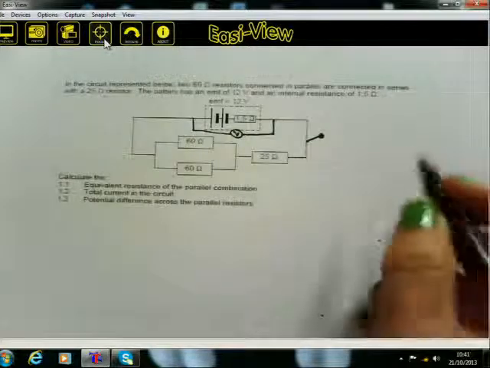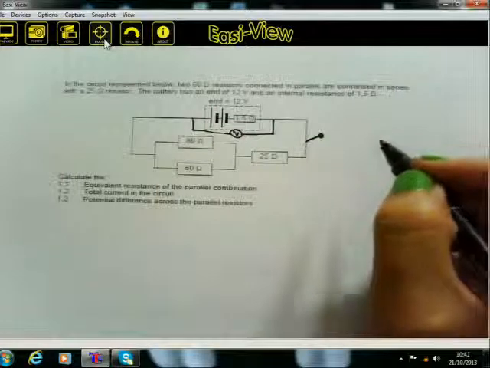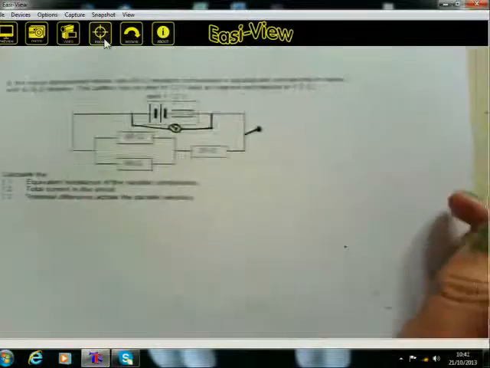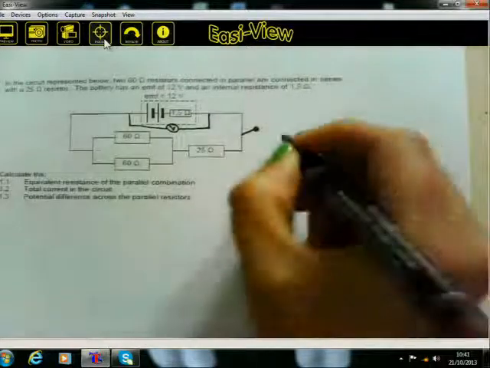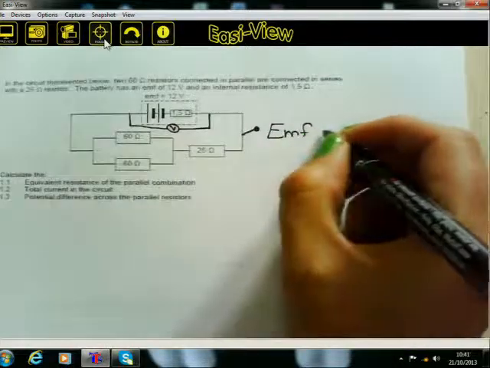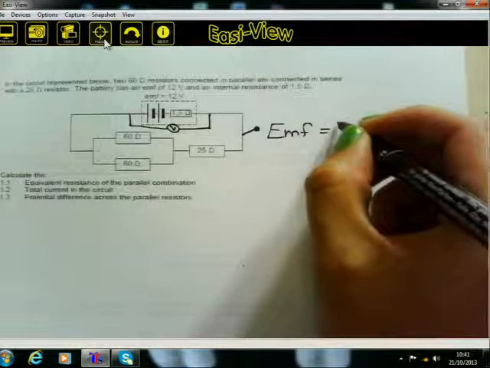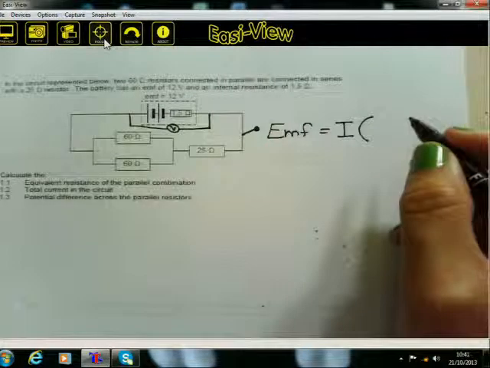So we are being forced to work with EMF. You must please remember, you must match variables. I want you to write this down. Which variables go together? If you work with the EMF, you must work with the total current and total resistance.